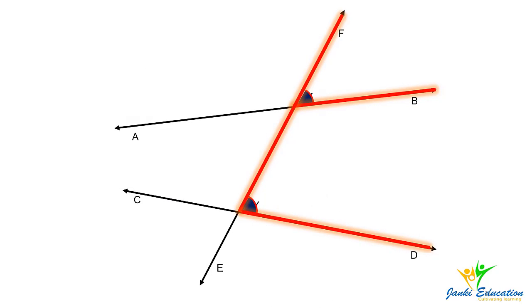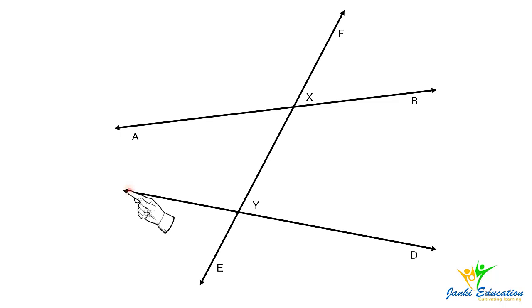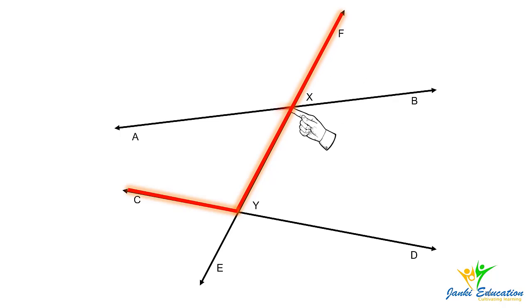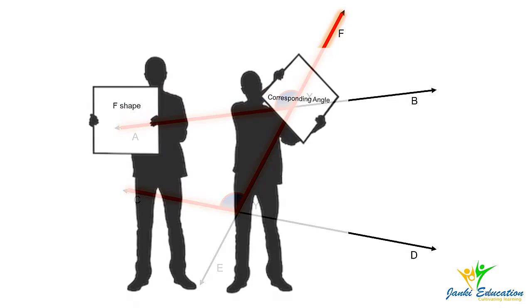At the same time, you can check and find another one. Say here, this one, it goes like this, and this one. So here these two angles are being formed. This is also a kind of F shape, and F shape angles we call, yes, that's true, corresponding angles.